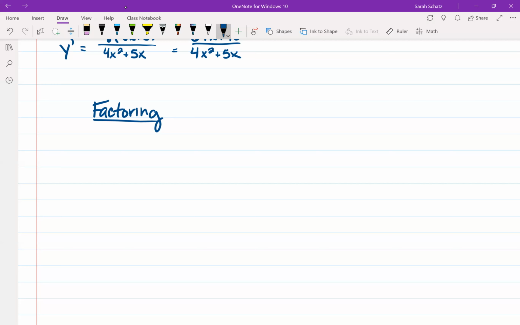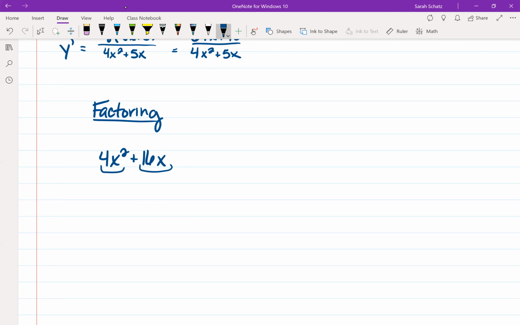When I factor, now I can factor anything. You know, there's a lot of different expressions that you can factor, and you do it in all different ways. For example, if you have 4x squared plus 16x, and I asked you to factor that, well, both of these terms have common factors.